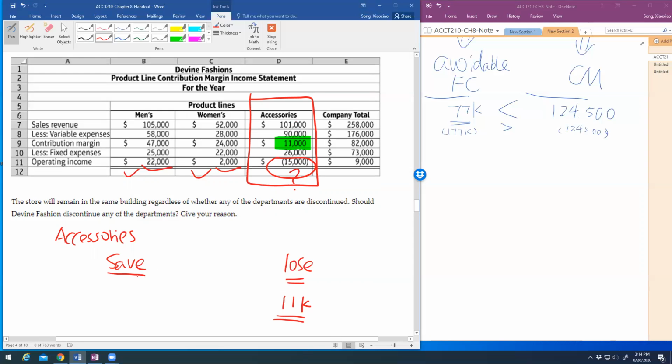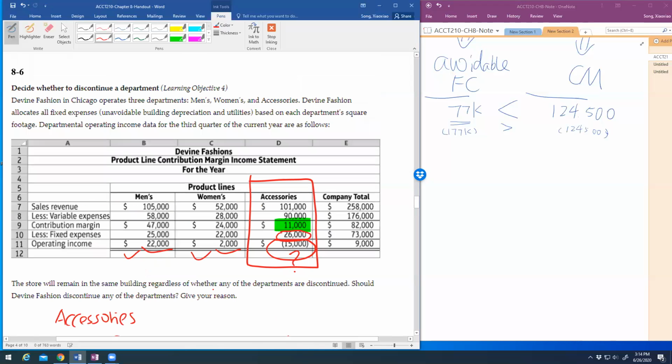Do we save anything? Remember, the fixed cost is 26,000. Do we save this 26,000? Do we save any avoidable fixed cost? The saving comes from avoidable fixed cost. Let's read the question one more time very carefully.